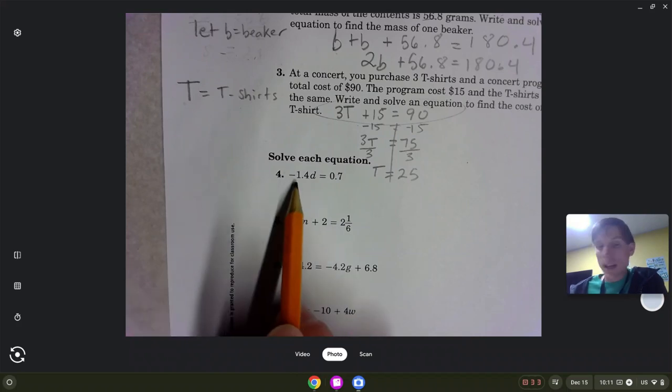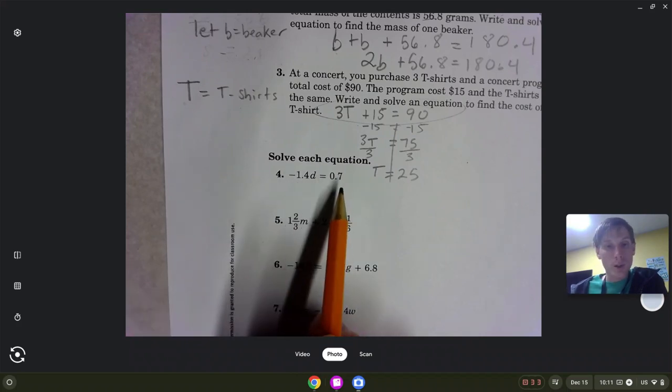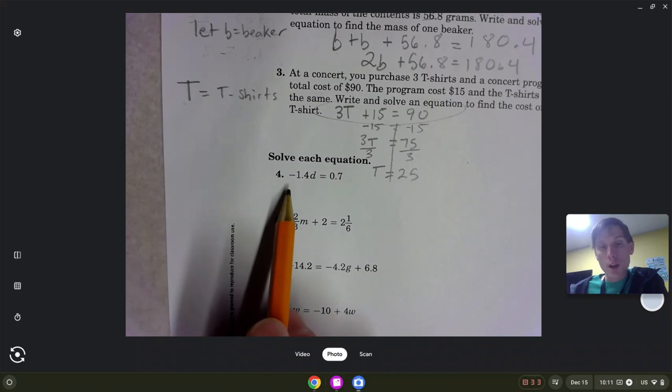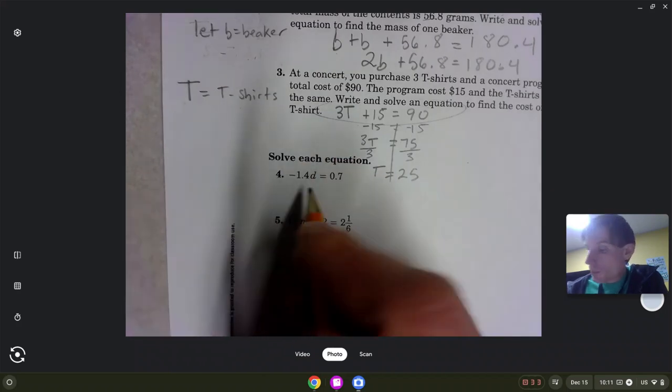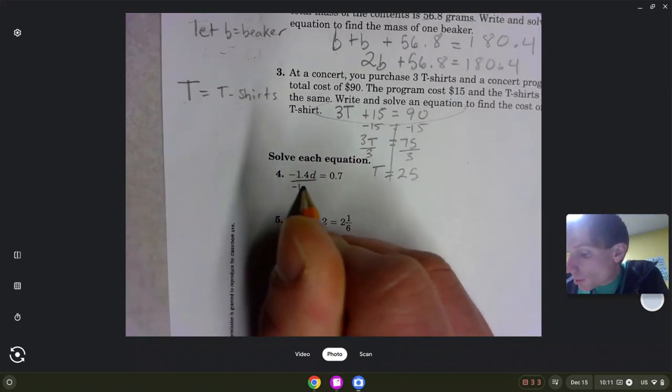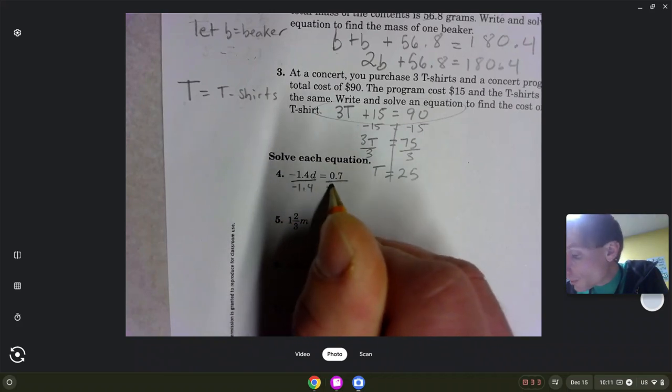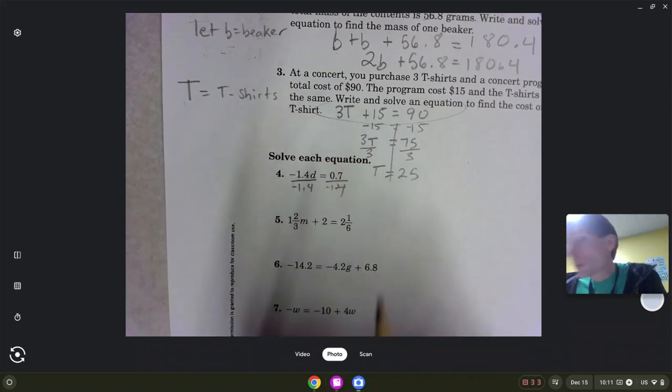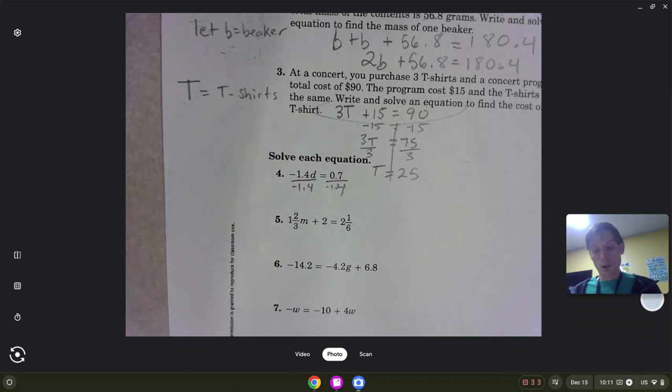So if we have negative 1.4D equals 0.7, what is the opposite of multiplying by negative 1.4? We divide by negative 1.4. And I'm going to use a calculator on this.